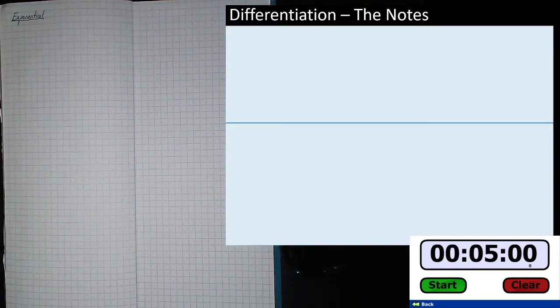With the exponential side of things, it's always a good idea to remind ourselves as to what that word exponential actually means, because the maths of what it is comes from the word.